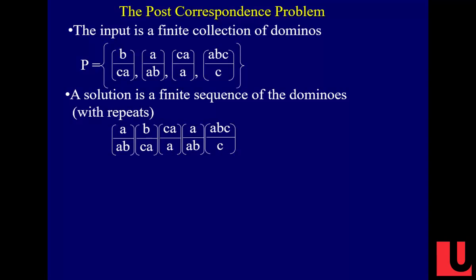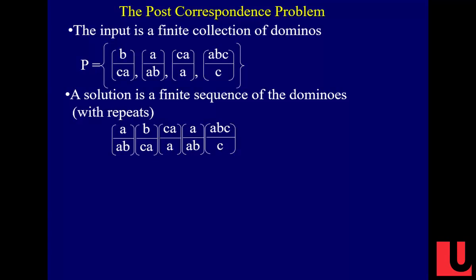It's really important that you can use the same tile over and over again, because if I give you a finite number of tiles, then you can try all solutions by just trying all combinations of those tiles, right? But because we allow you to repeat them, the solution could be arbitrarily long.